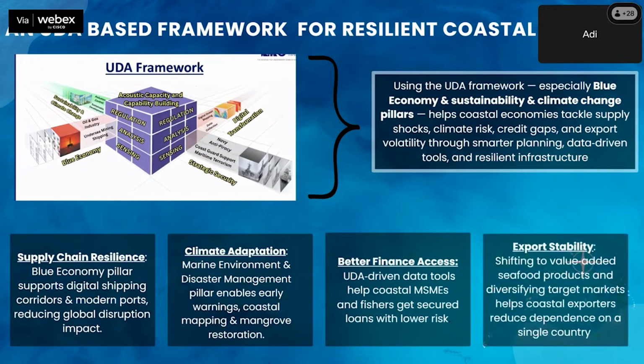So, using this UDA framework, especially the blue economy and sustainability and climate change pillars, we can help the coastal economy tackle supply shock, climate risk, credit gaps, and export volatility through smarter planning, data-driven tools, and proper infrastructure. For supply chain resilience, blue economy pillars support digital shipping and corridors.